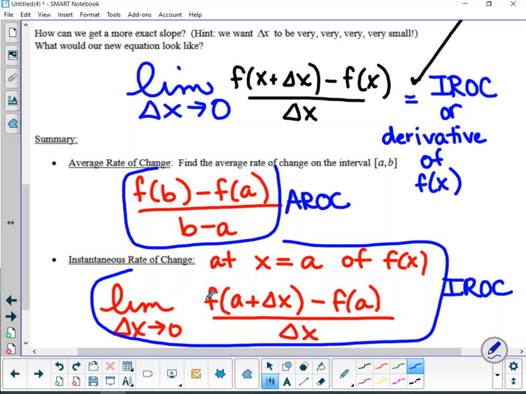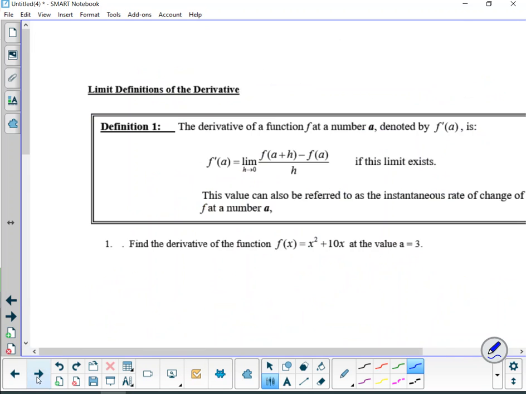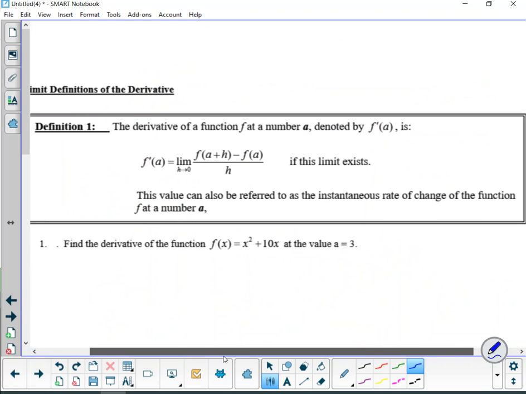And we are going to practice now doing exactly that: finding the instantaneous rate of change, or the derivative of a function at a particular value using this limit. You need this formula memorized. You actually need two of them memorized. Let's go to the next page.